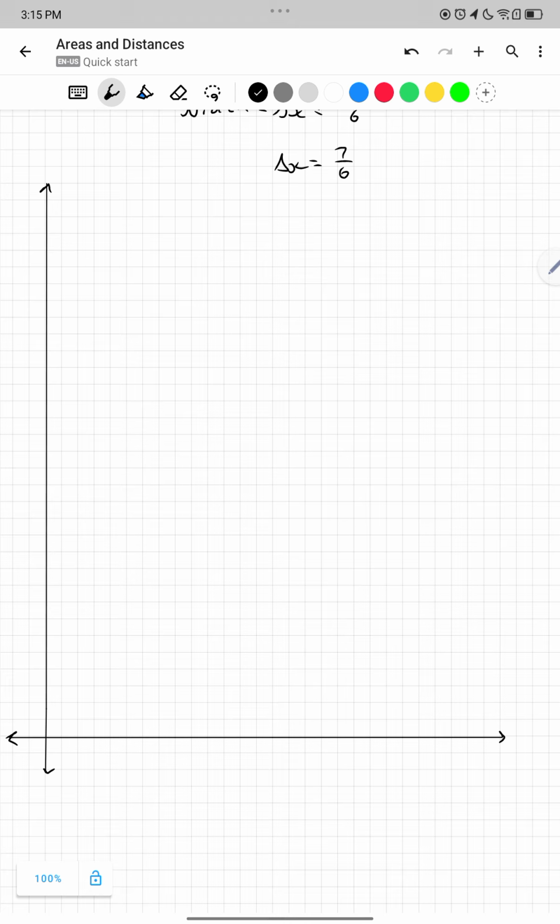So here we have 7 over 6, and we have 14 over 6, then we have 21 over 6, and we have 28 over 6, and we have 35 over 6. Then lastly we have 7, which is 42 over 6.